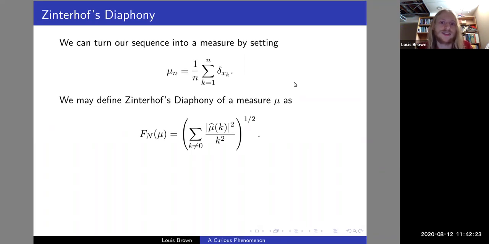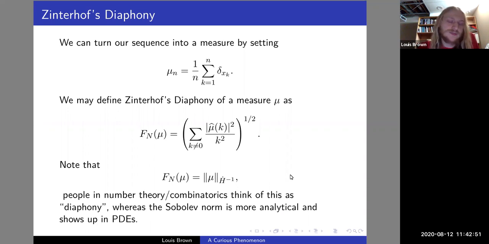And we define Zinterhof's diaphony of the measure mu sub n as the sum over all non-zero k of the kth Fourier coefficient squared divided by k squared, and then we take that whole sum to the 1/2. And for analysts who are more familiar with Sobolev spaces, this is the same as just the Sobolev -1 norm of mu.